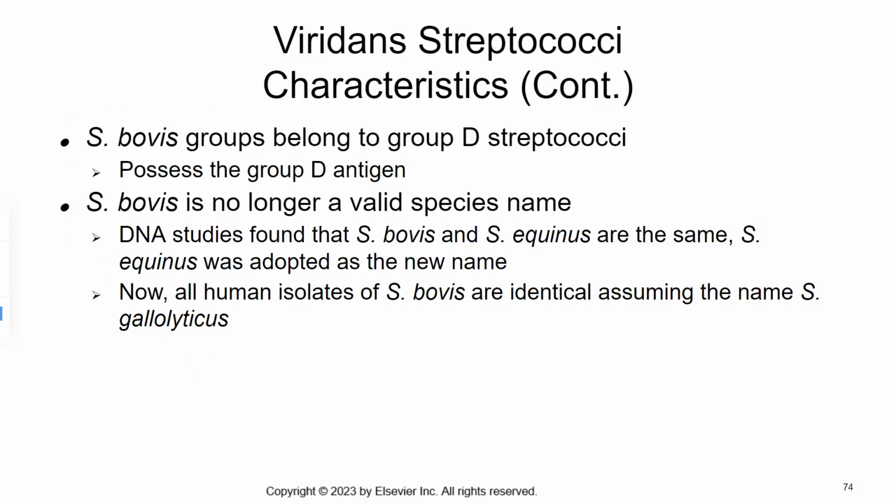S. bovis belongs to group D strep, possessing the group D antigen. S. bovis, though, is no longer a valid species name. DNA studies found that S. bovis and S. equinus are the same. S. equinus was adopted as the new name for both. Now all human isolates of S. bovis are identical, assuming the name S. gallolyticus.